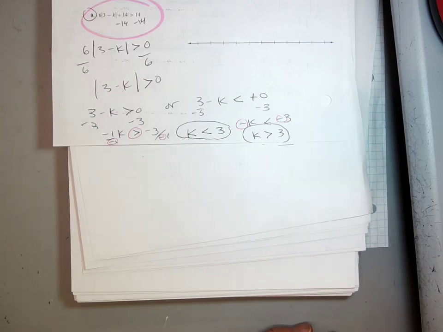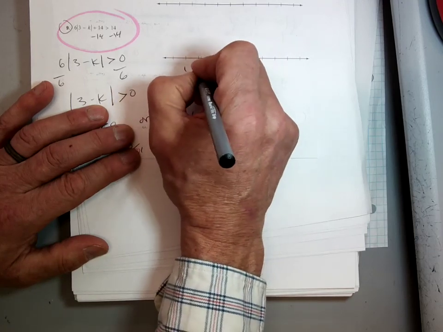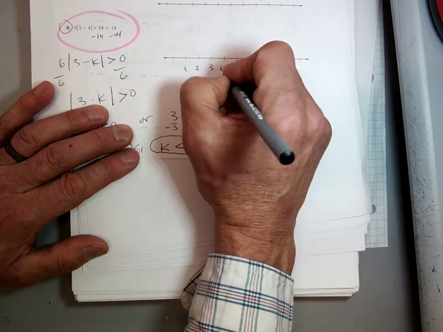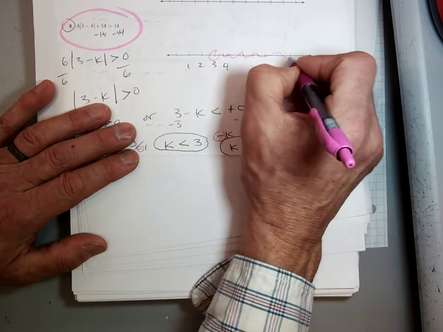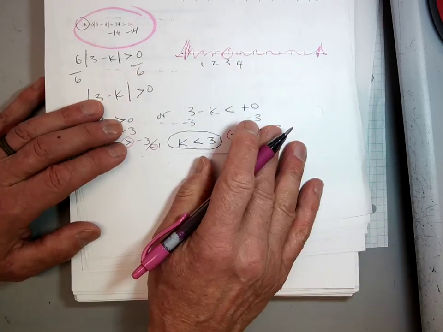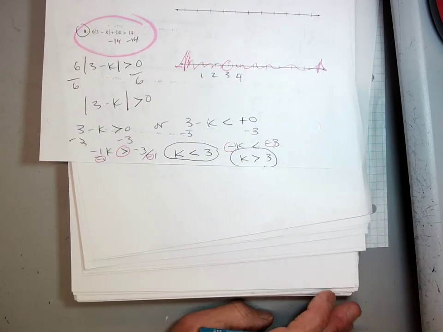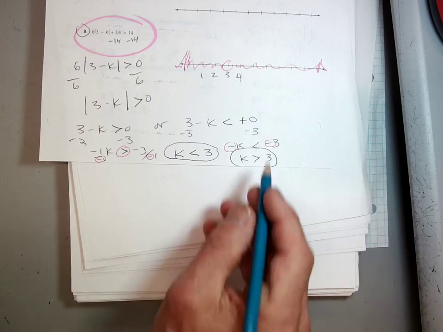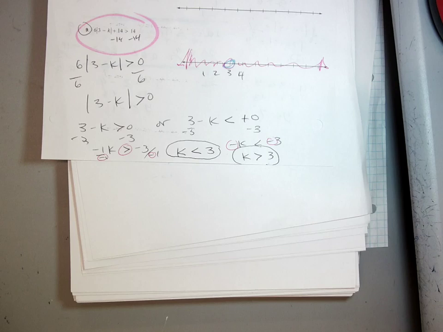So k is either going to be greater than 3 or it's going to be less than 3. What's the only thing it can't be? 3. That's it. Aren't those kind of weird? So we've got to be careful on these, right?